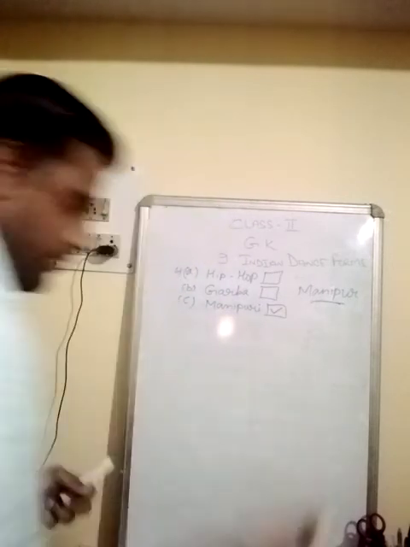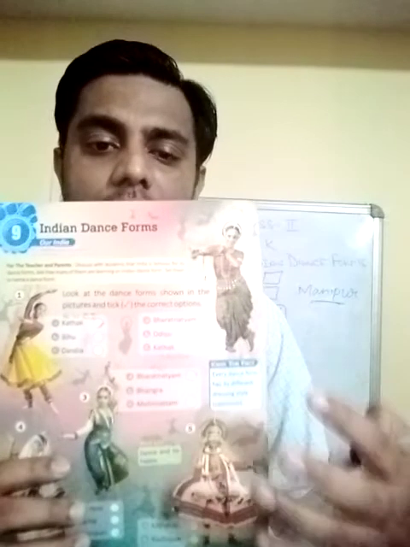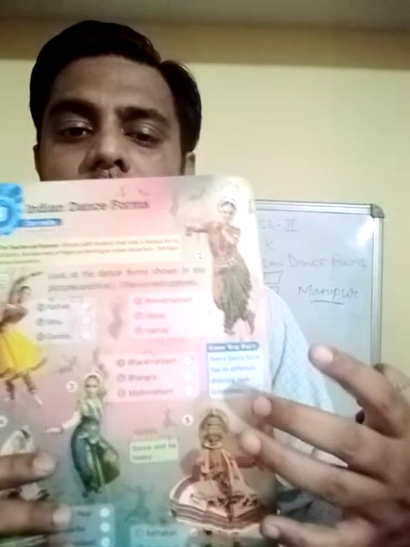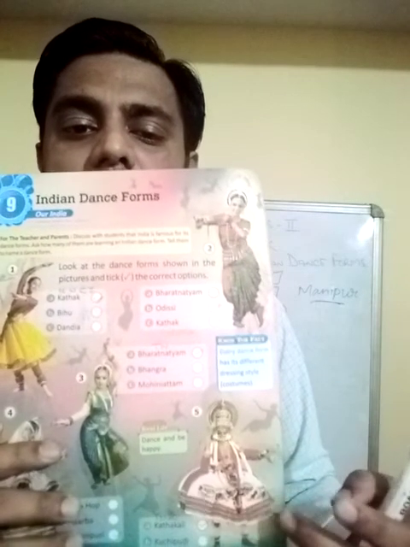In this dance form, the person uses a mask and very heavy makeup to hide his identity. He takes on a totally different form. He is also dressed a little differently, and he dances.